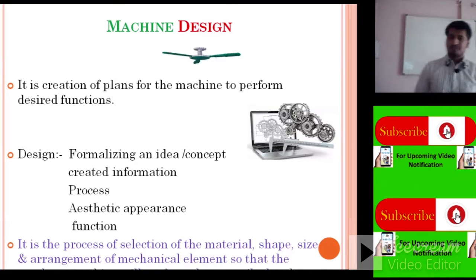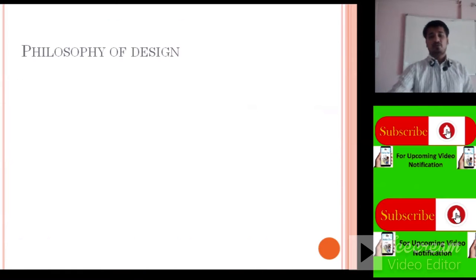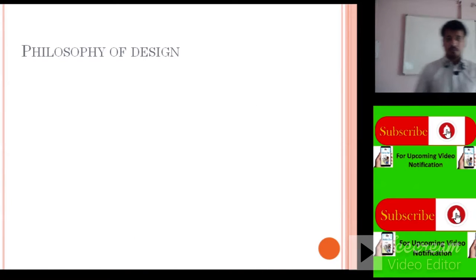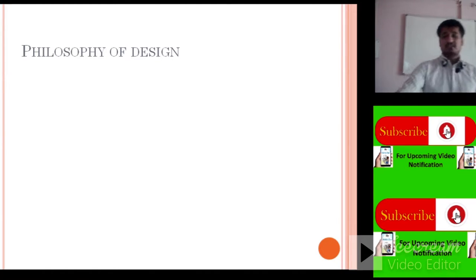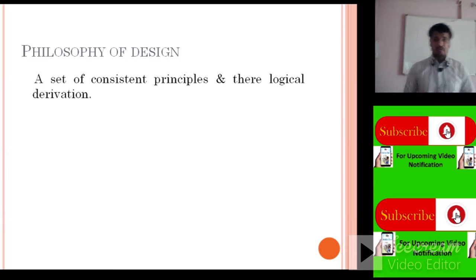After completion of the machine design concept, the next point is philosophy of design. Here we have different categories, different stages. Three main stages are there in philosophy. The first one is a set of consistent principles. Some principles we have to define while designing any element or any machine, and their logical derivation.